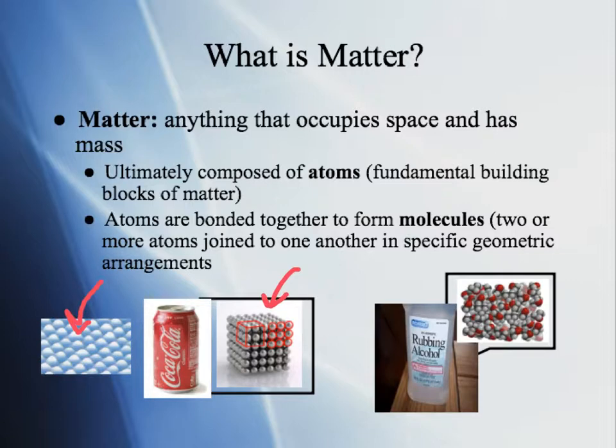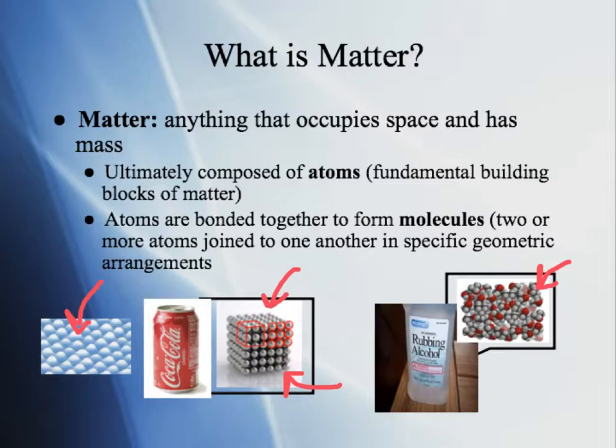But a representation of these aluminum atoms is very much different than if we had rubbing alcohol, which is another kind of matter. Rubbing alcohol's atoms kind of look like this. We can see that the geometric arrangements are quite different.